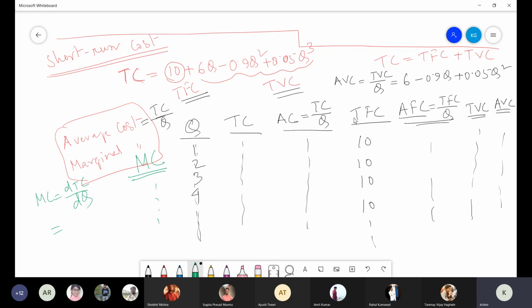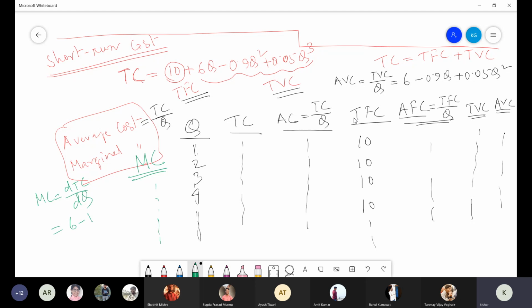Against different values of Q, you will get this. For marginal cost, your equation will be 6 minus 0.9... Sorry, I'm making a mistake. You are going for the first order derivative. So this is 0. 6 minus 1.8.